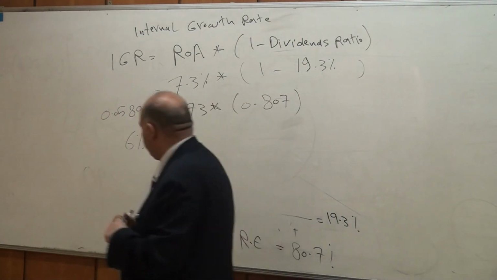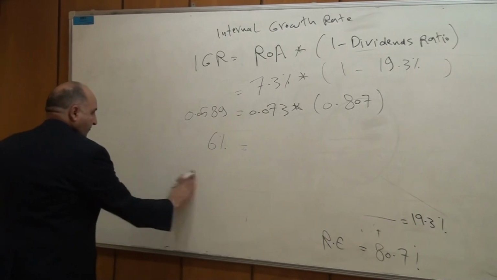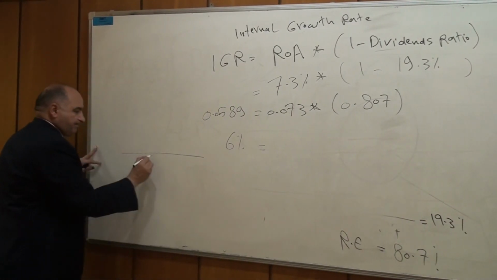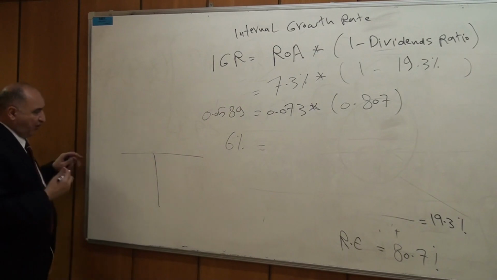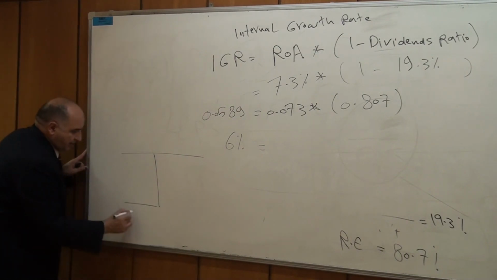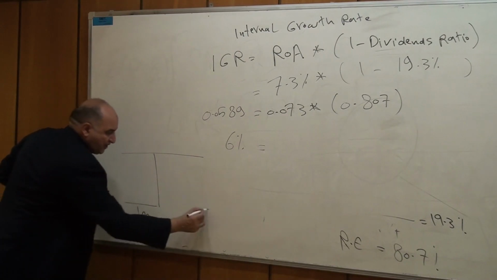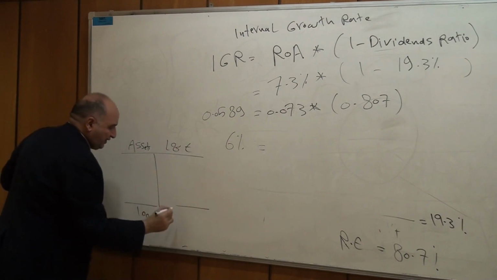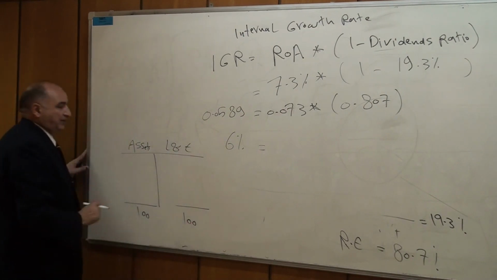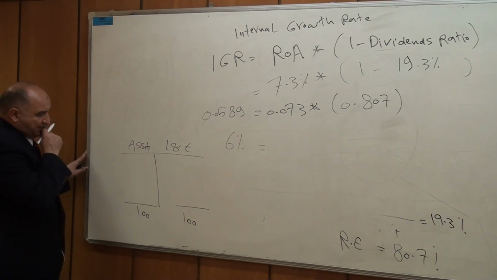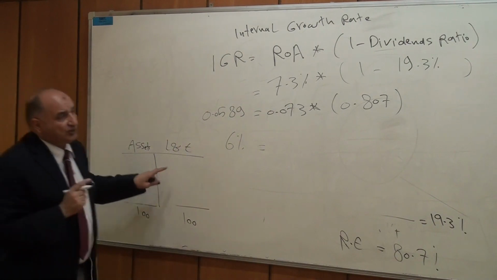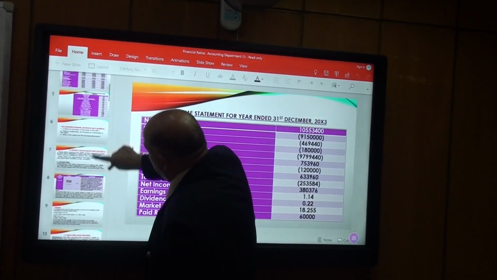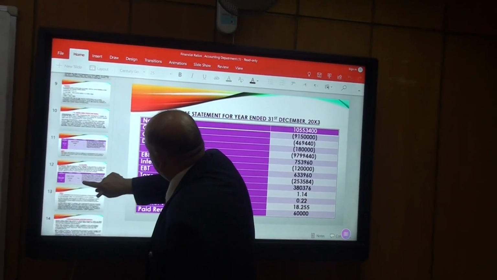By explanation, remember that our company before, if this is 100, which means 100%, and this is the assets, and this is liabilities and the equity, for sure this will be 100. If you remember, we have a ratio of total debt to total assets.